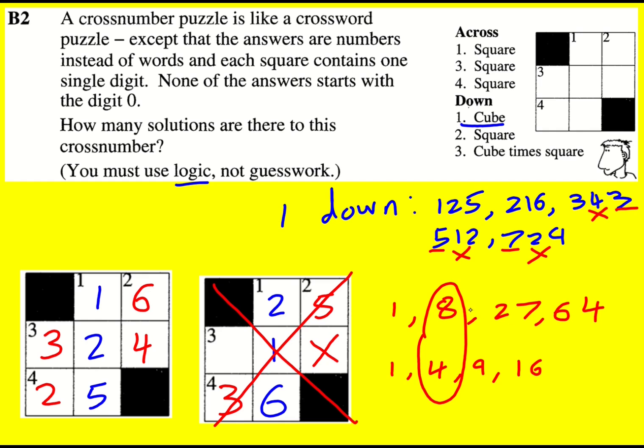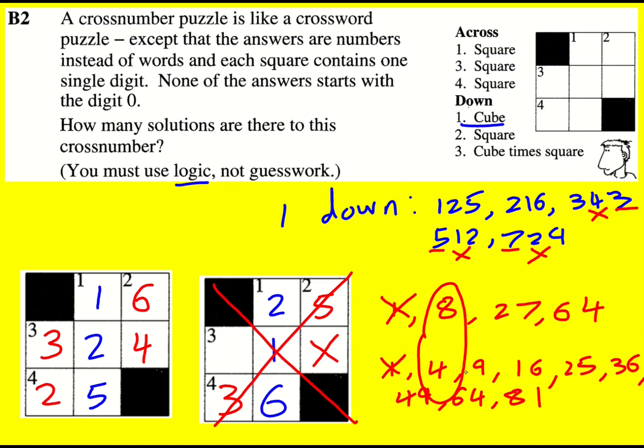Are there any other options? Okay, well, 1 isn't going to work to end in a 2. So 16, 25. I suppose I should write down all my squares really. 36, 49, 64. Okay, so we can rule out 1 multiplied by a square, and we can rule out 1 multiplied by a cube.